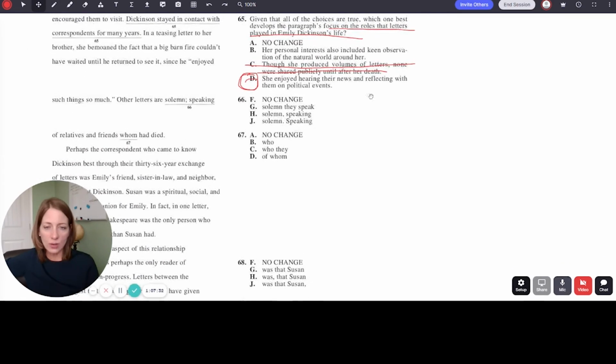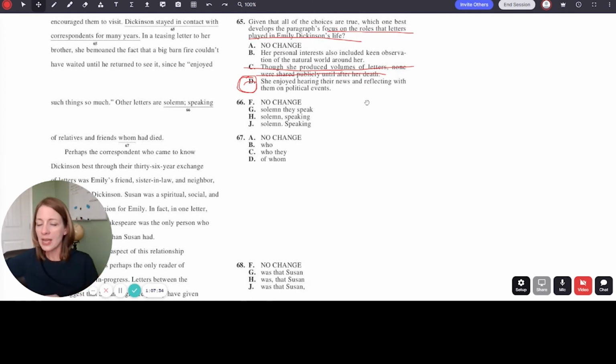All right, so here, another punctuation. What I'm noticing is a semicolon goes in between two independent clauses. A period and capitalizing is in between two independent clauses. And in this one, they're trying to introduce a subject.